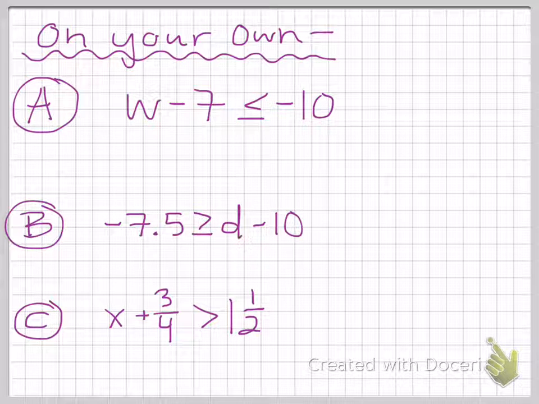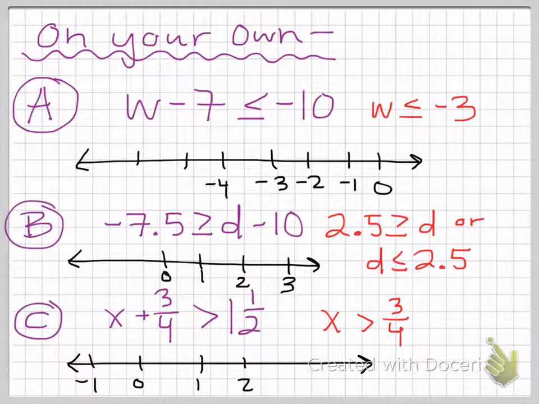Oh, in class, solve the inequality and graph the solution. I need to see number lines. Go ahead and check back for your answers. Alrighty, class, way to go. I'm proud of you. So for A, you should have gotten W is less than or equal to -3. Okay, way to go.